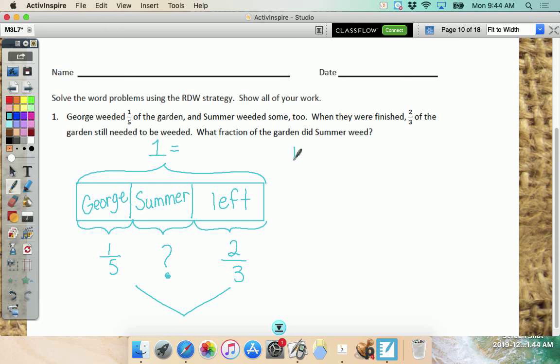So 1/5 plus 2/3. Does anyone know? Raise your hand if you know the fraction for one whole already. What do you think, Jesus? He's right. Because he knows that the common denominator is going to be 15. Very good.